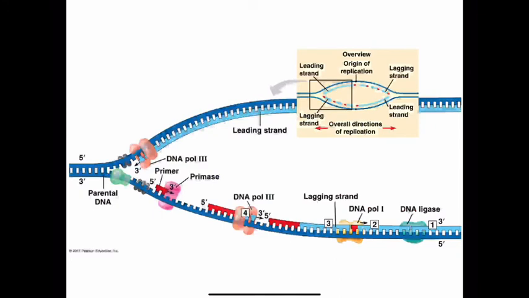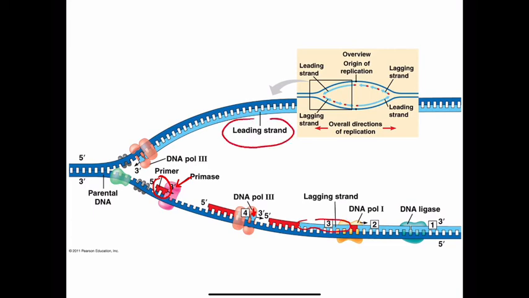All right. So here's the whole picture. We have, again, our primer is the red piece, being synthesized by the primase. The DNA polymerase is bringing in the new nucleotides. This is a lagging strand. This short little segment here is a lagging strand.